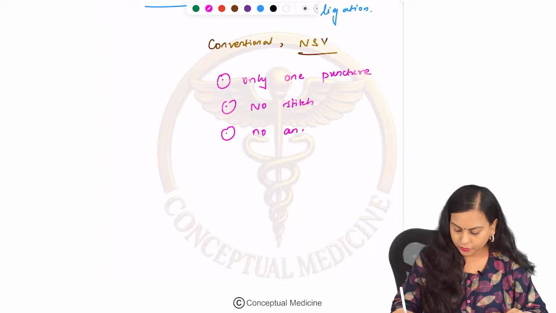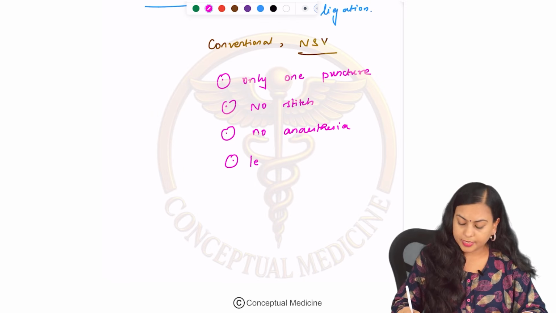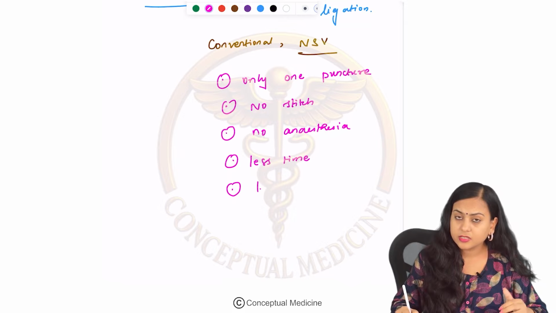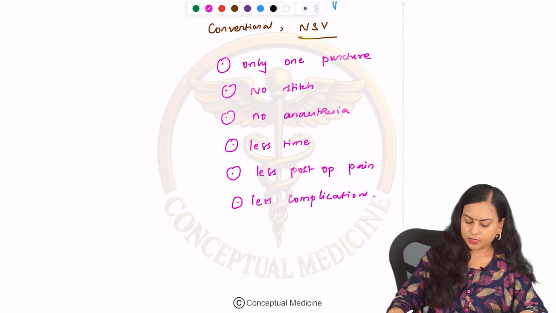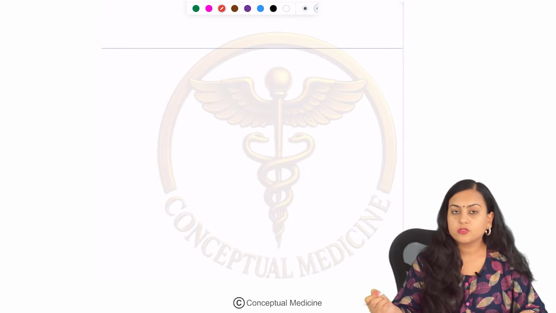There is no need for anesthesia. It takes less time, has less post-op pain, and also has fewer complications.